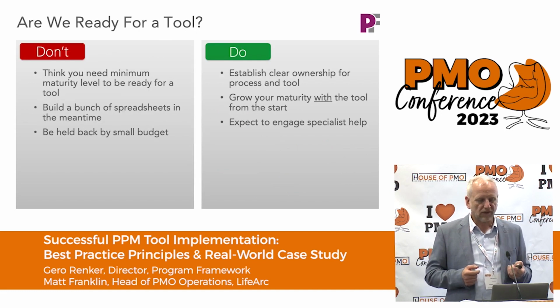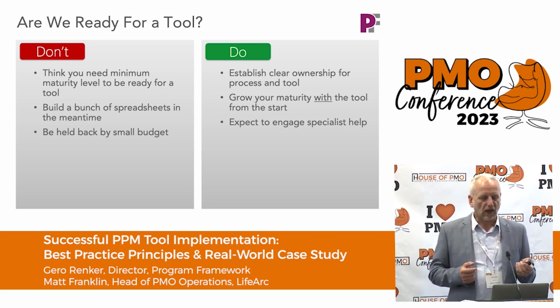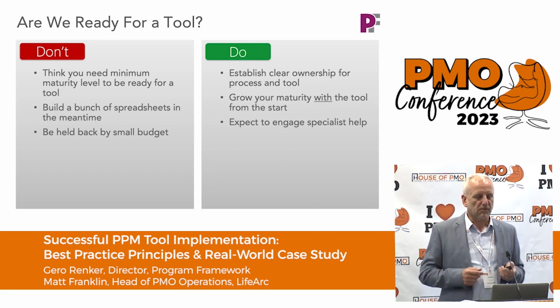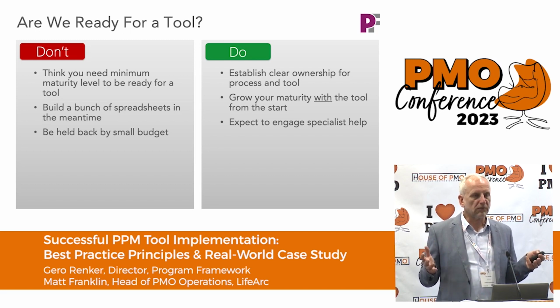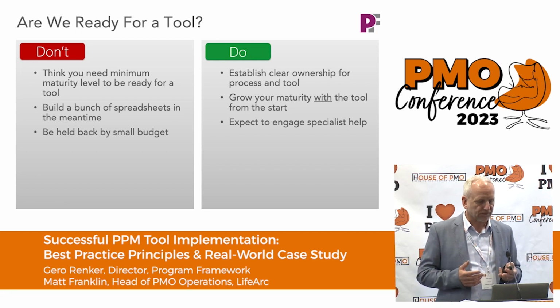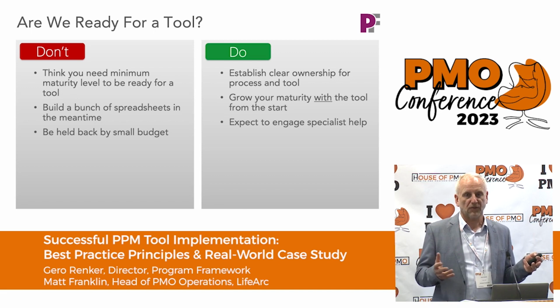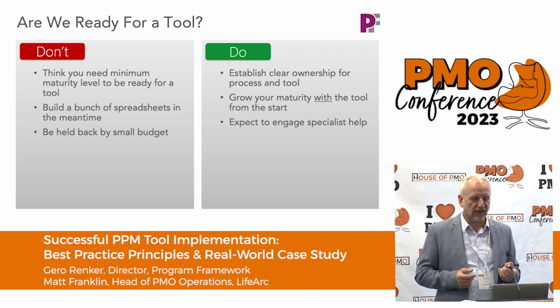But are we ready for a tool? How do you know that you're ready? A lot of people that I have talked to over the years believe that there needs to be a minimum maturity level in place. A lot of people will go and spend a year designing process frameworks and support those in the meantime with spreadsheets that they build.